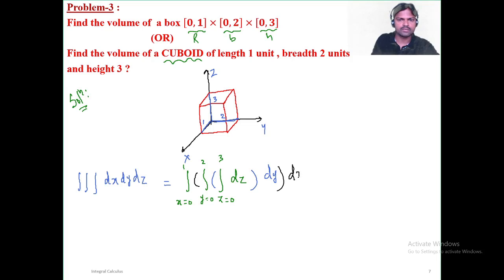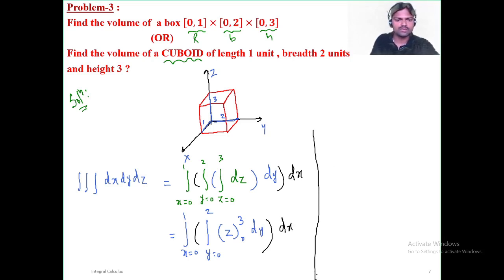Now let us evaluate one by one. First with respect to z, x is from 0 to 1 and y is from 0 to 2. Integration dz is just z, and z limits are 0 to 3. After z, with respect to y we are supposed to evaluate, and after y, with respect to x.